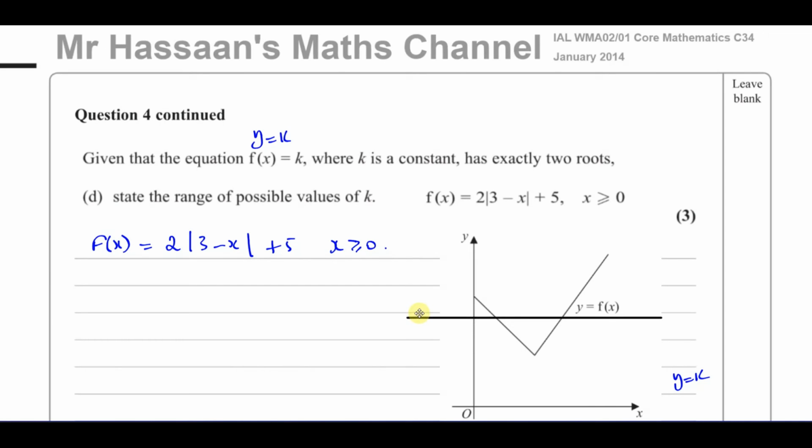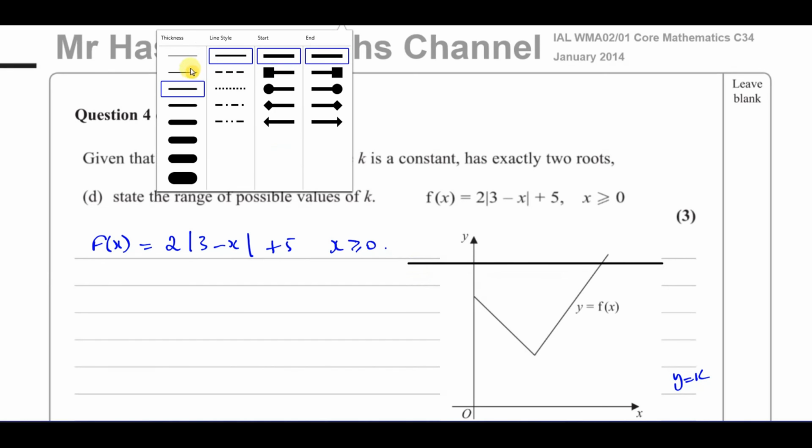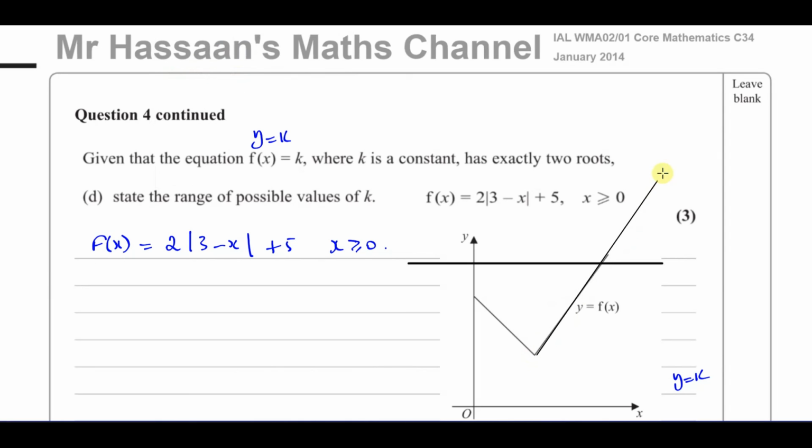Two distinct roots until we reach this place here, which is the y-intercept. If you go above the y-intercept, there's going to be only one real root, and that continues because this graph will continue on forever going up, because it's got a range which is greater than 0. So as far as this goes up, which will be infinitely, there will be only one real root after that, because this branch of the graph stops.